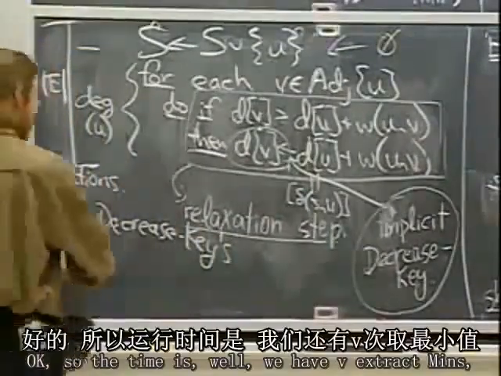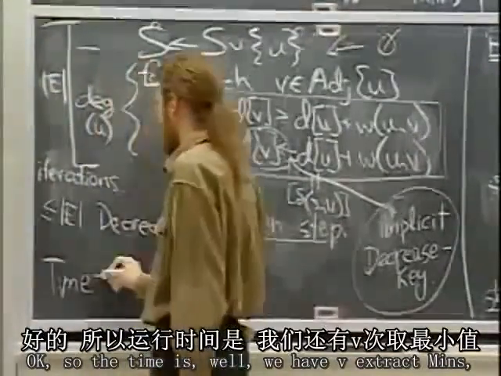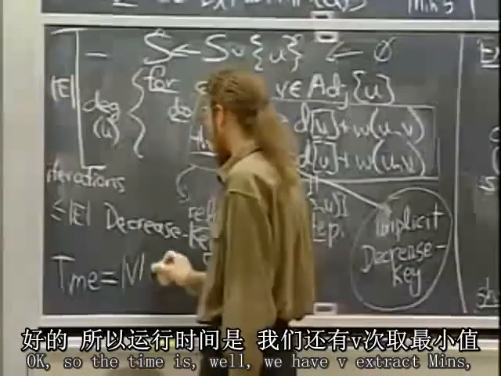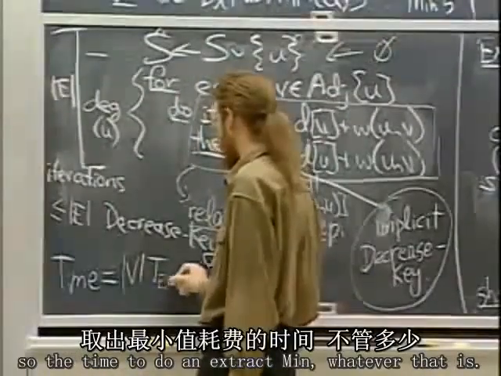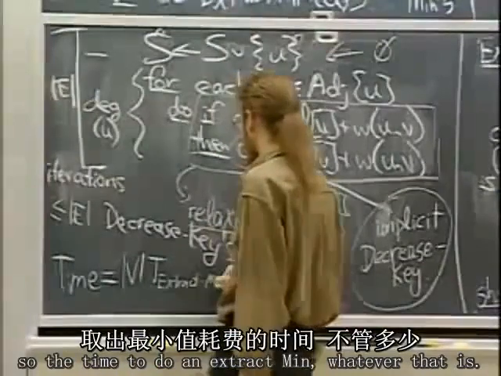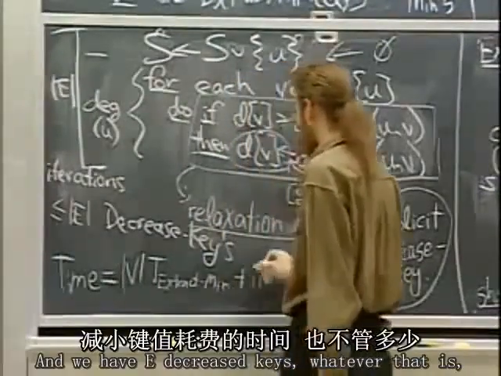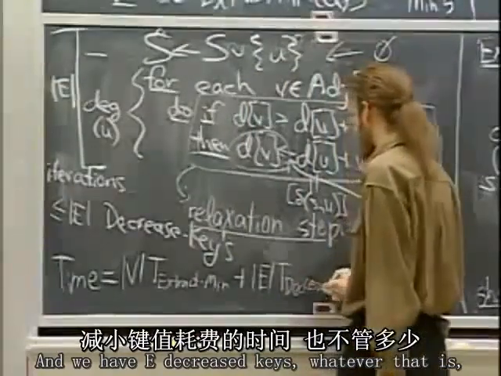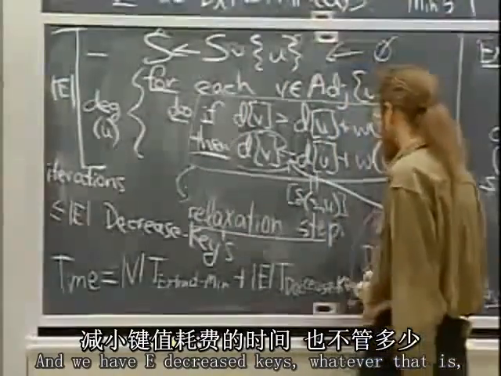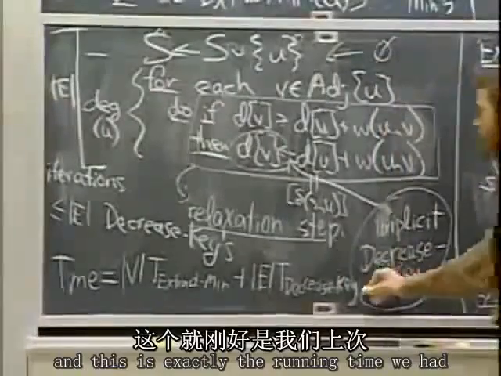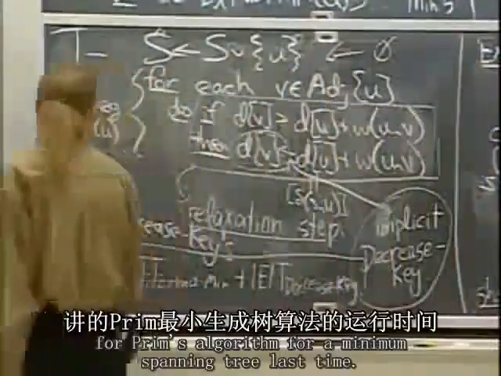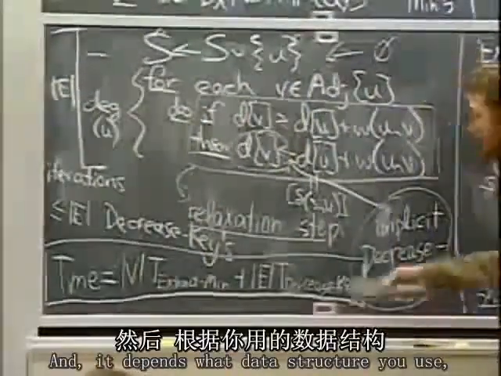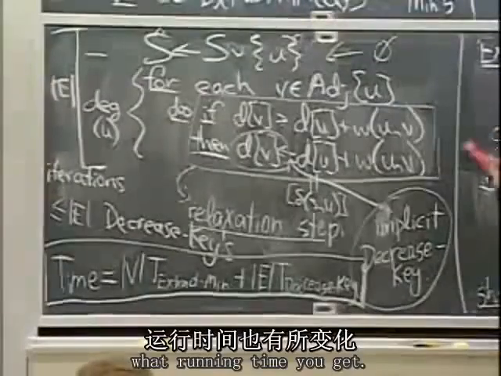So the time is V extract mins, whatever the time to do an extract min is, and E decrease keys, whatever that is. This is exactly the running time we had for Prim's algorithm for minimum spanning tree last time. And what running time you get depends on what data structure you use.